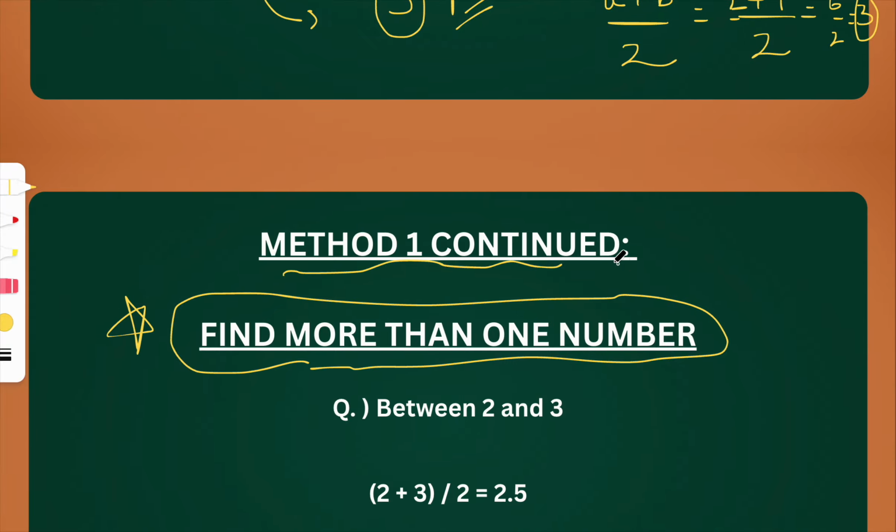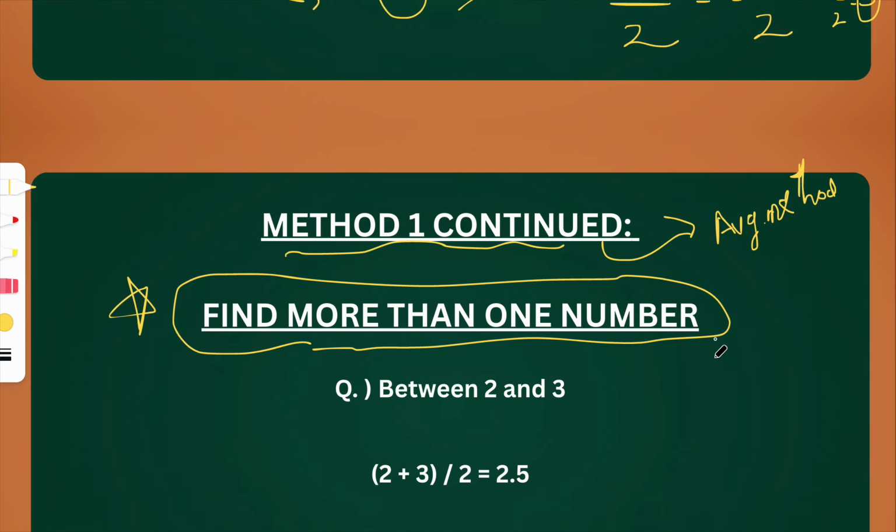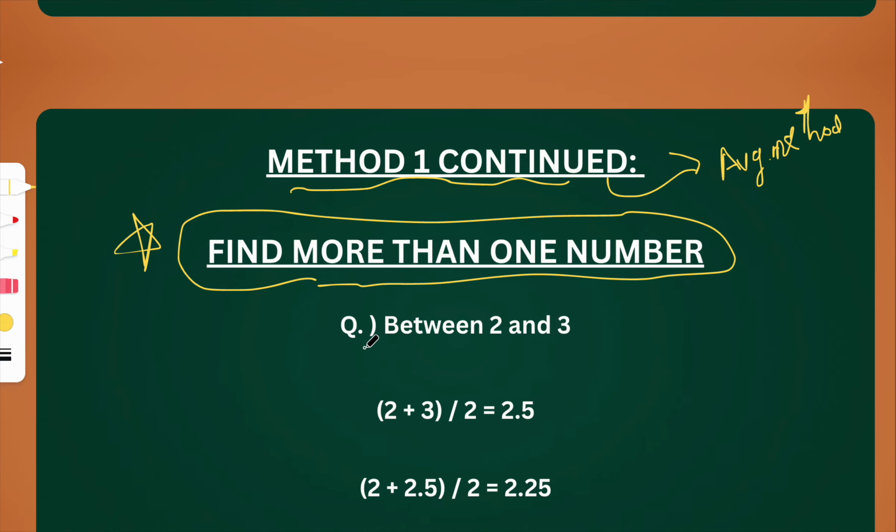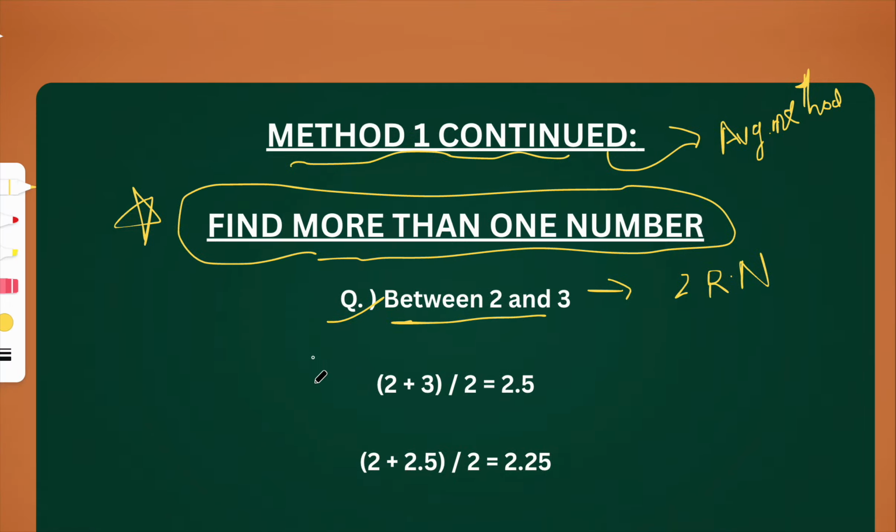We'll be using the same method, the average method, as it is a very easy method to find rational numbers. Here, if we take the example between 2 and 3, we need to find two rational numbers.